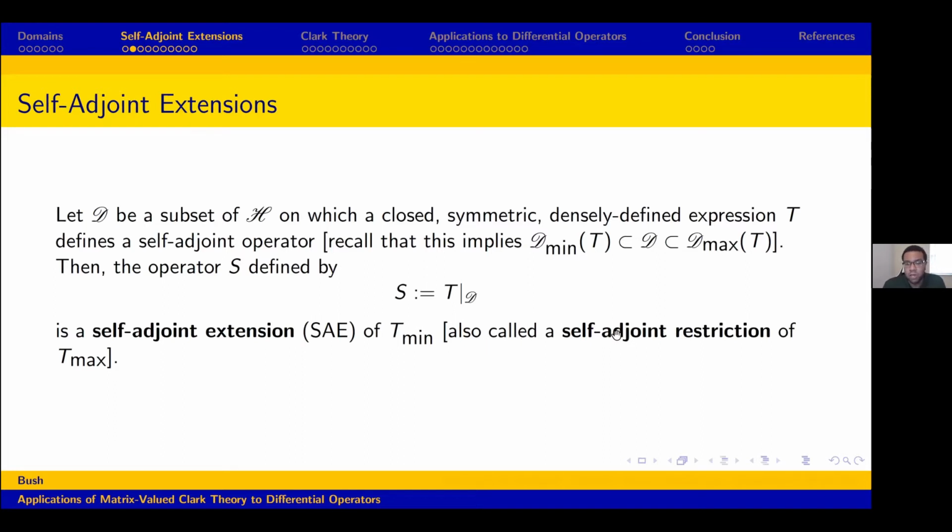You'll also hear this referred to as a self-adjoint restriction of T-max in some of the literature. They're equivalent, but different authors like to use different wordings. And again, referencing what we've talked about already, remember the minimal domain is going to be a subset of any self-adjoint domain, which is going to be a subset of the maximal domain.